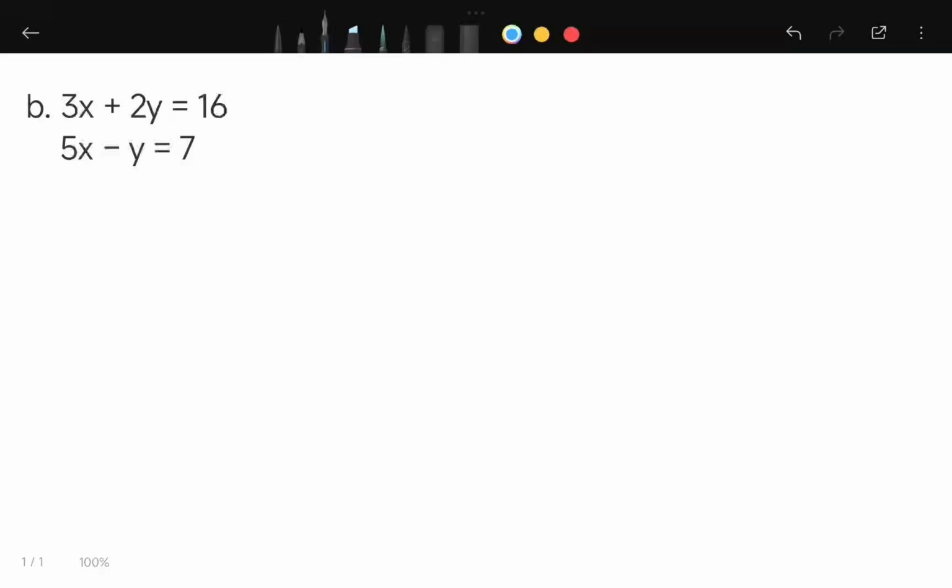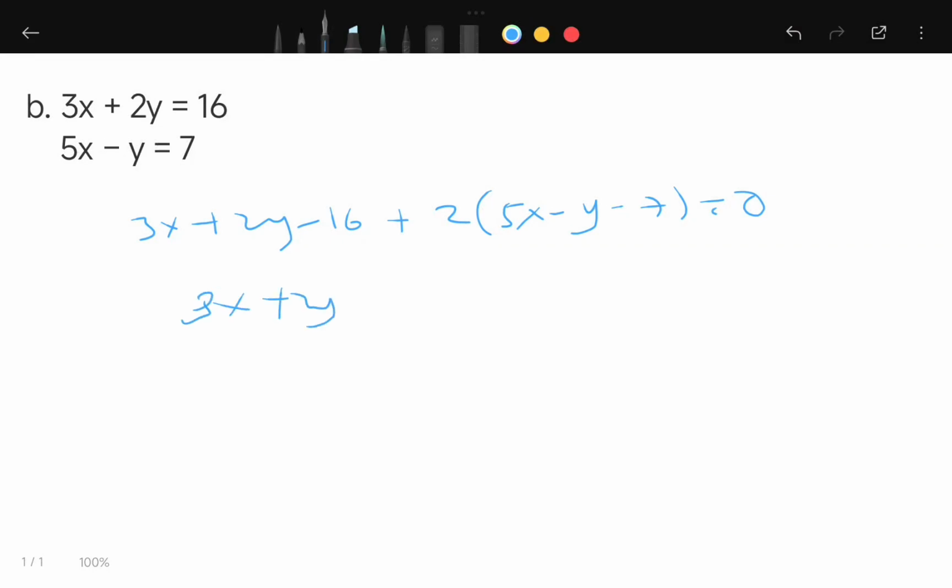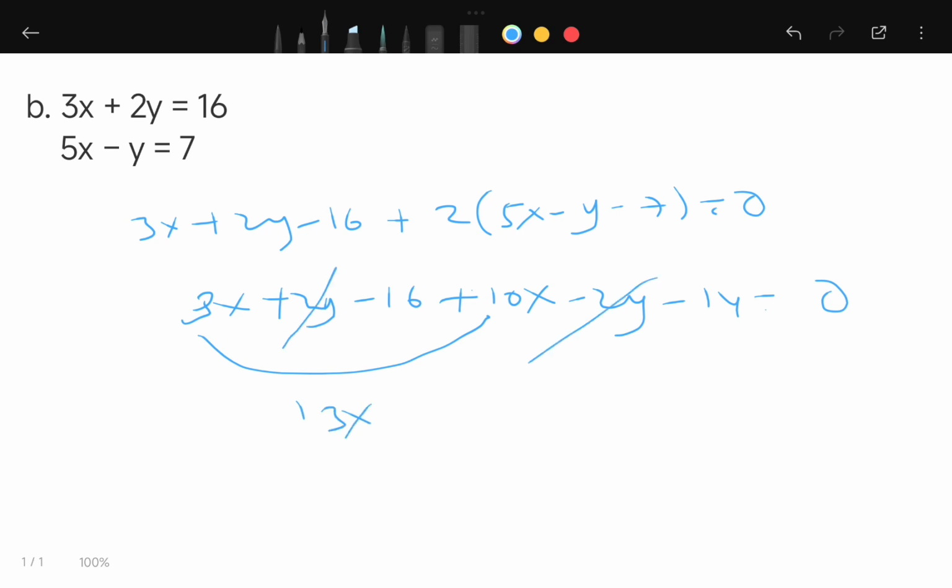So now let us see: 3x plus 2y minus 16 plus 2 into 5x minus y minus 7 equals 0. 3x plus 2y minus 16 plus 10x minus 2y minus 14 equals 0. 3 plus 10 is 13x. 2y and minus 2y get cancelled.